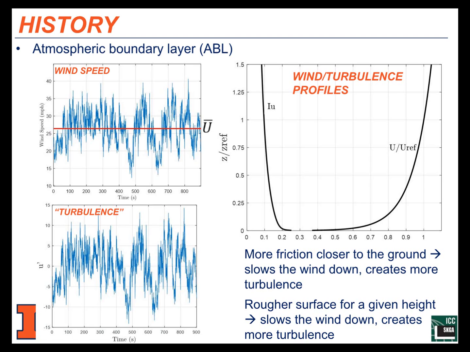What I want you to see here is that the mean wind speed increases with height, which anybody who has dealt with wind design takes into account. Then here is a turbulence profile. I have I_U there, which is turbulence intensity, the standard deviation of the fluctuation shown here over the mean wind speed.